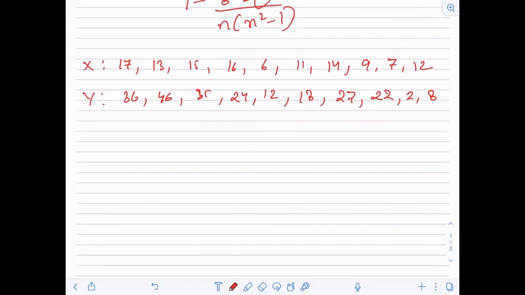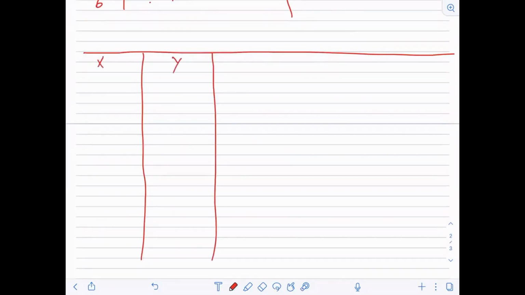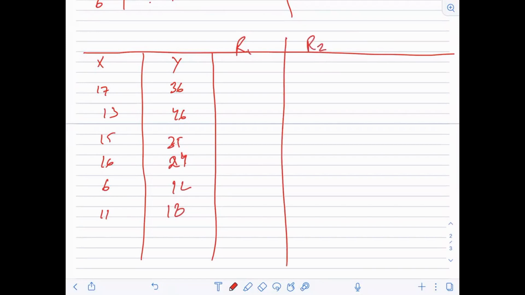Here X, here Y: for X you say 17, 13, 15, 16, 6, 11, and for Y, 36, 46, 35, 24, 12, 18. Then rank 1, and then rank 2. So 17 would be your first rank, 16 would be your second rank, and 15 will be your third rank, right?